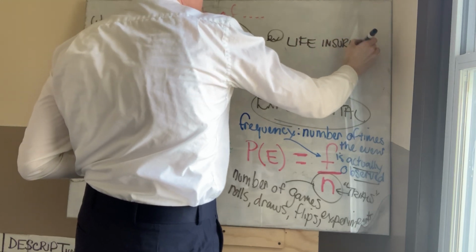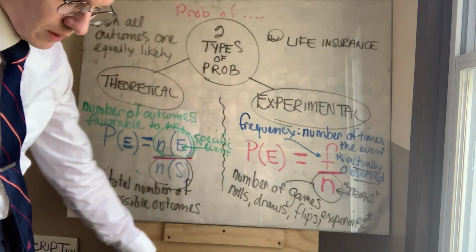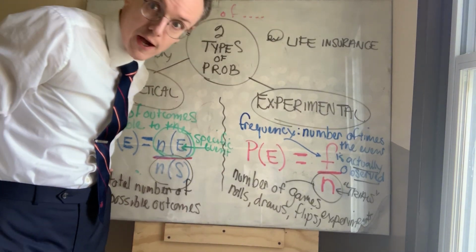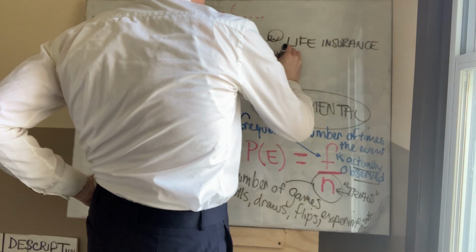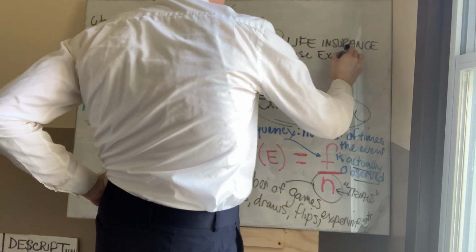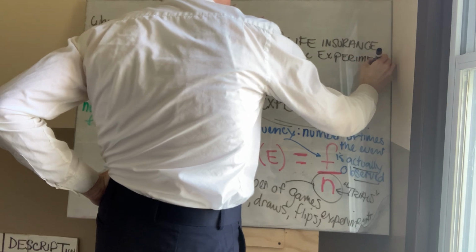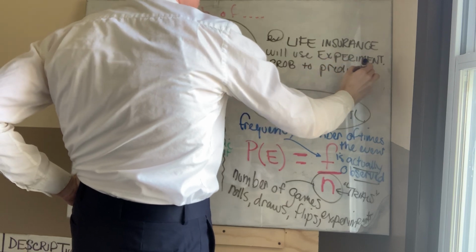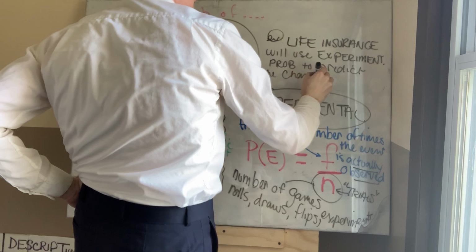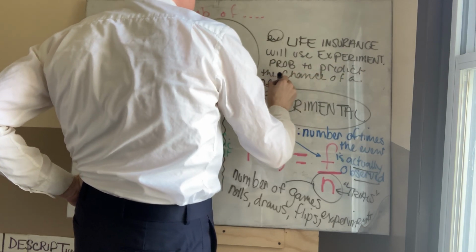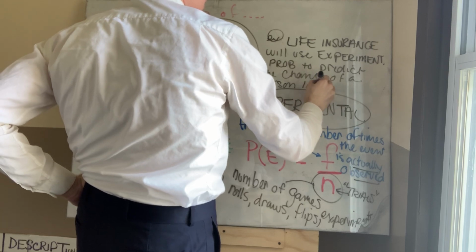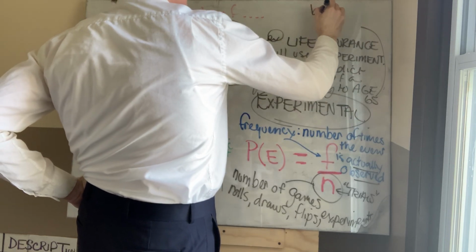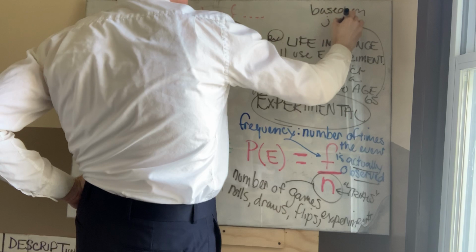Life insurance companies, sadly, will use experimental probability to determine the chance of a person living to age 65, based upon their job, their vocation.